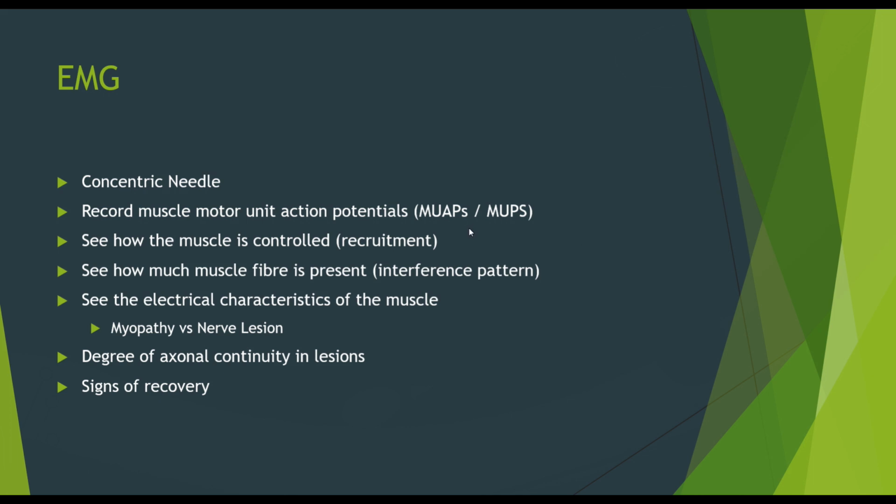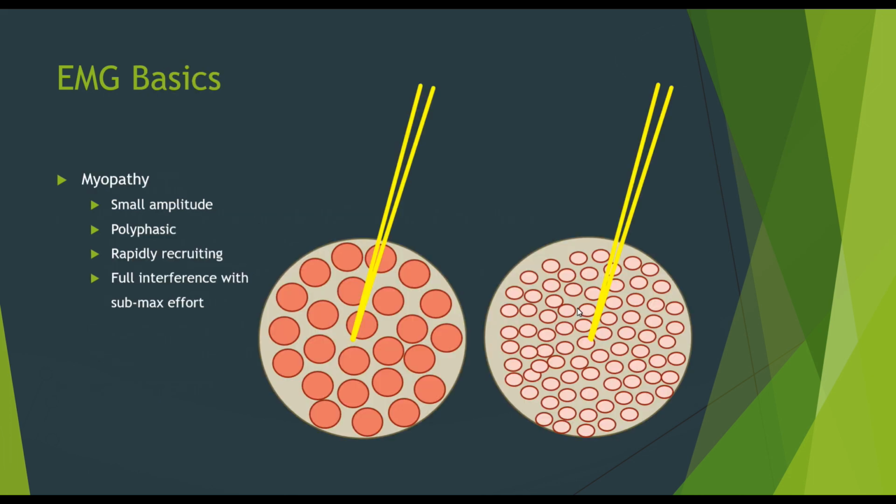We can see how much muscle fibre is being brought in, and that's the interference pattern, the degree of how much muscle contraction and therefore electrical representation is making the screen busy. We can look at the electrical characteristics of the muscle and therefore determine whether there might be a myopathy or a nerve lesion. We can look at the degree of axonal continuity if there are nerve lesions, and also look for signs of recovery, with videos on all of that separately.